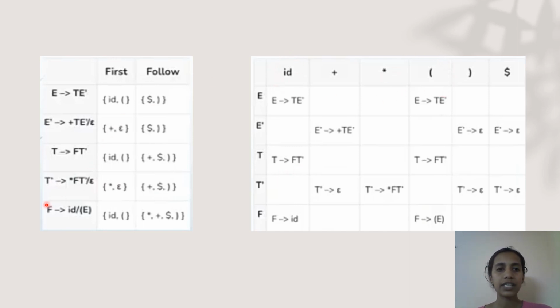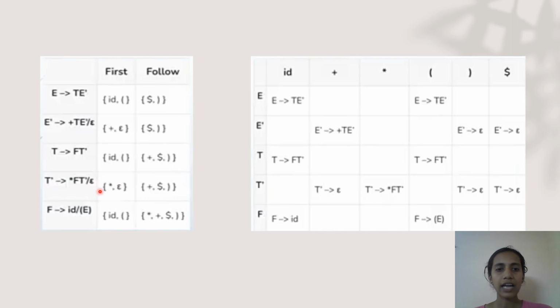Then coming to T dash tends to star FT dash comma epsilon, because there is a null production, we will consider both first and follow. So we will take T dash tends to epsilon at the plus, and at the dollar and the close brace we will use epsilon, that is, T dash tends to epsilon and T dash tends to epsilon here.